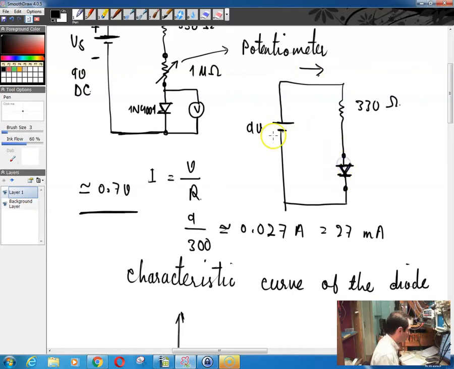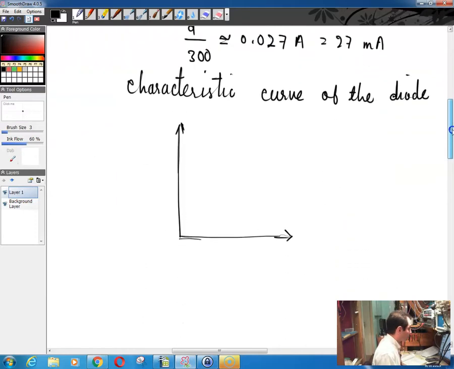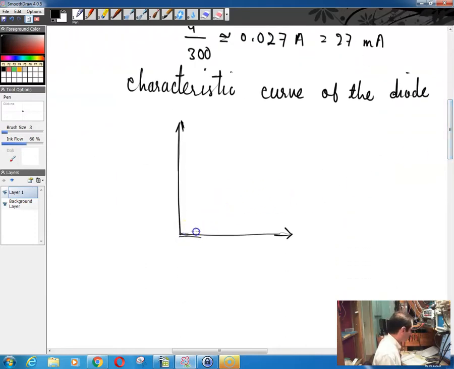Positive is connected to anode, negative is connected to cathode, and of course depending on this resistor, there is some current going through your circuit. Now depending on this current, there is going to be some voltage drop across the two leads of your diode. And what that is basically something like this.